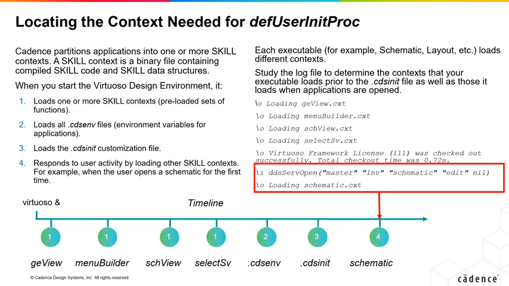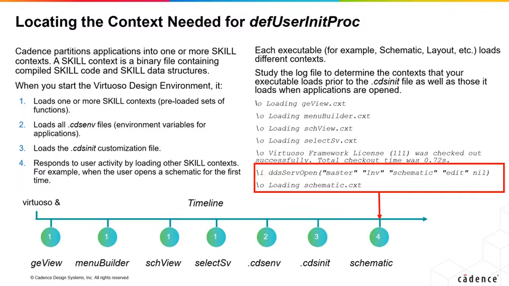Now what you do then is you can study the log file to see what's going on. So if you look in the log file, for example, you'll see when you first start it up, there's some initial context files loaded.